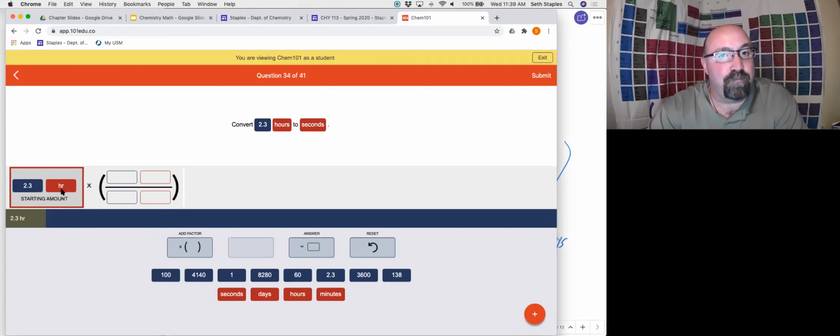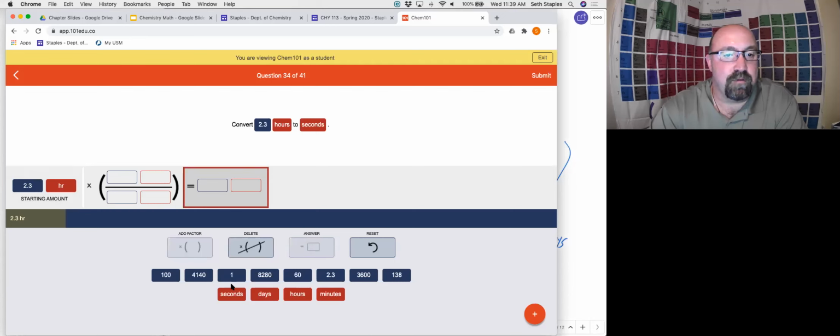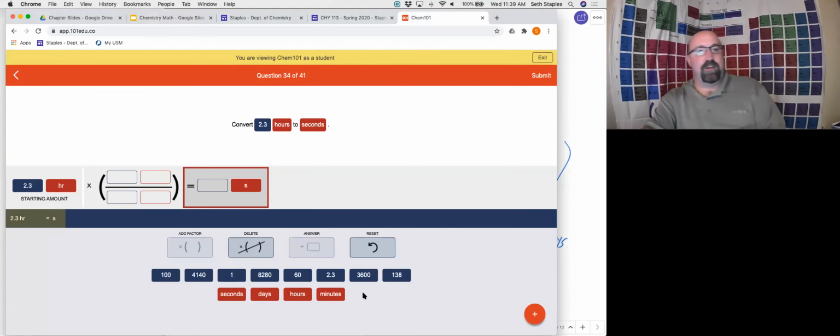It might be helpful for you to put the answer box in here now, just for the units. We're not going to put a number in there yet, because we haven't calculated it yet. But it might help you keep track of what you're trying to get to. There we go. And so now we have seconds up there in what we're trying to find.